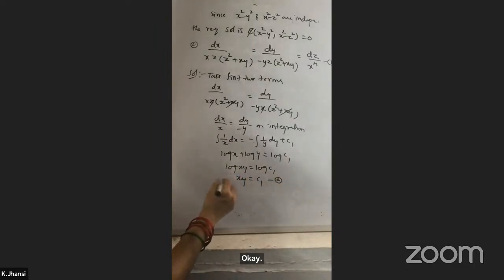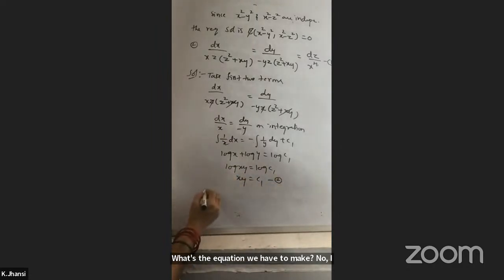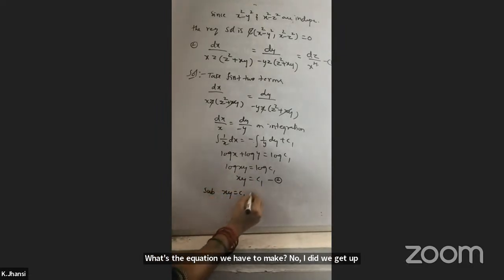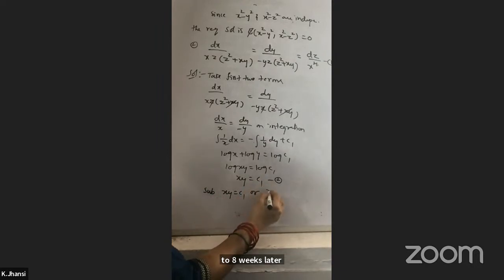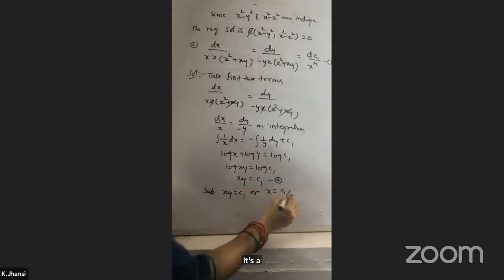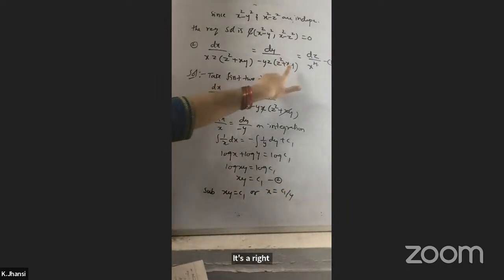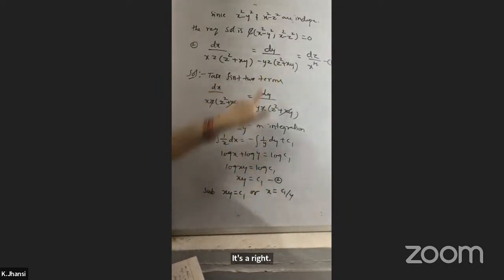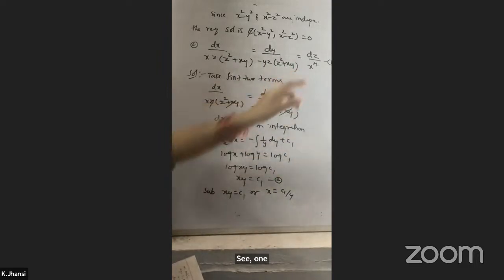Now we can either substitute xy equals c1, or we can take x equals c1 by y. So if xy is there, you take it as c1, and if x is there, you take it as c1 by y. Okay.